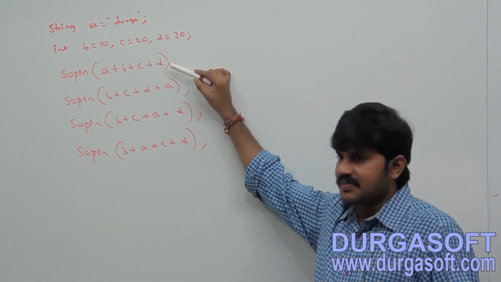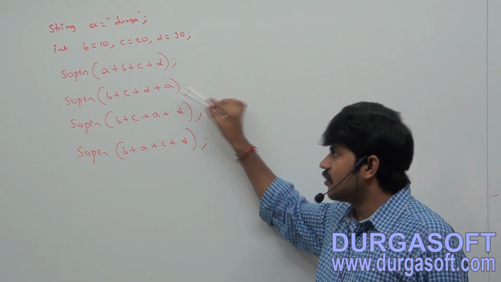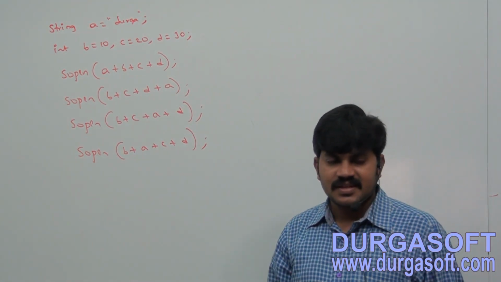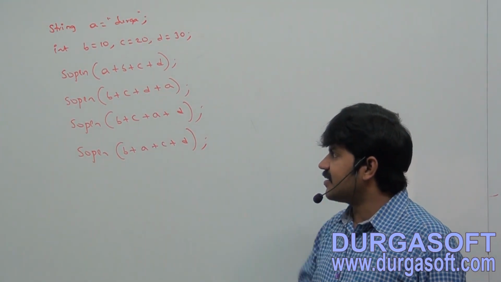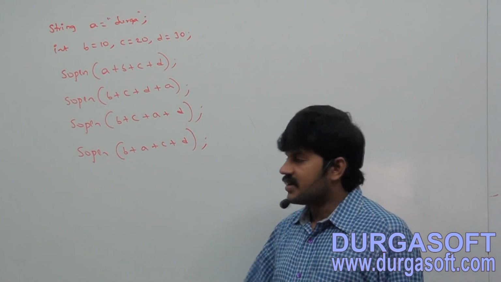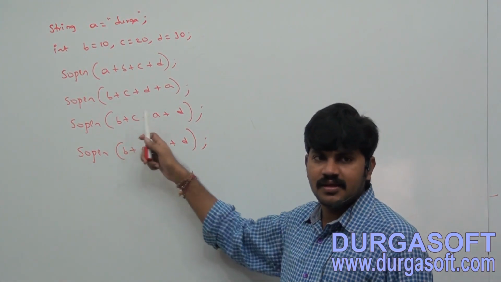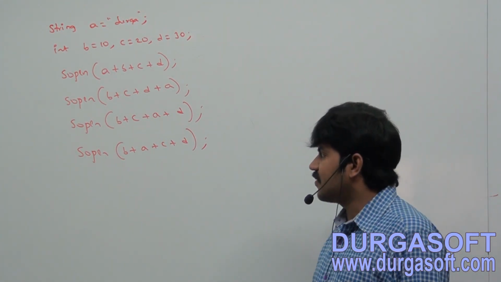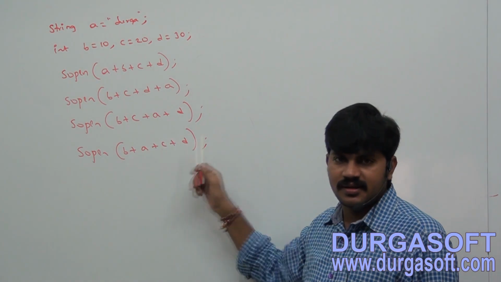Durga 10 20 30. Next, second case: 60 Durga, or 10 20 30 Durga? 10 20 30 Durga. Third case: 10 20 Durga 30, or 30 Durga 30? Next, the fourth case: 10 Durga 20 30.